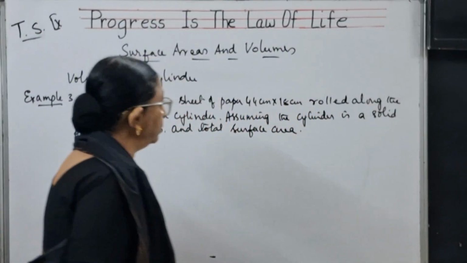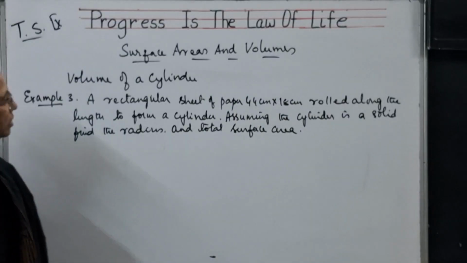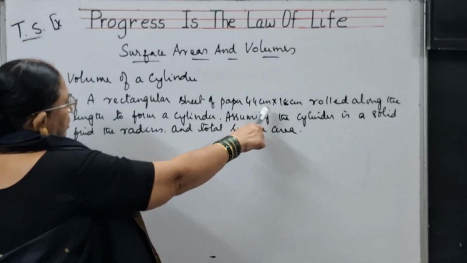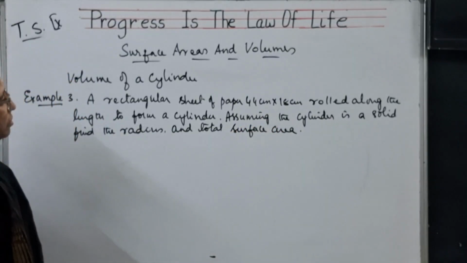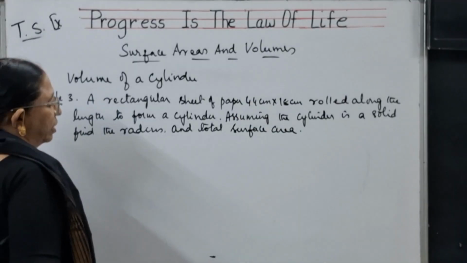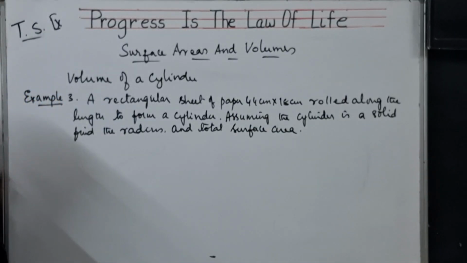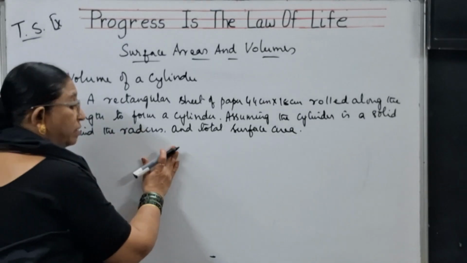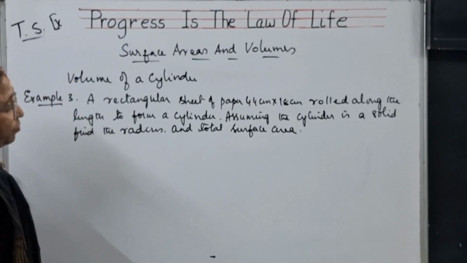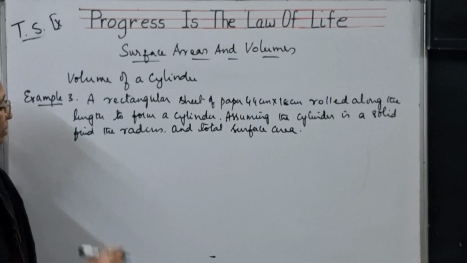Example 3, children. A rectangular sheet of paper 44 centimeters by 18 centimeters is rolled along the length to form a cylinder. Assuming the cylinder is a solid, find the radius and total surface area. In the earlier case, we have found volume. Now, total surface area.